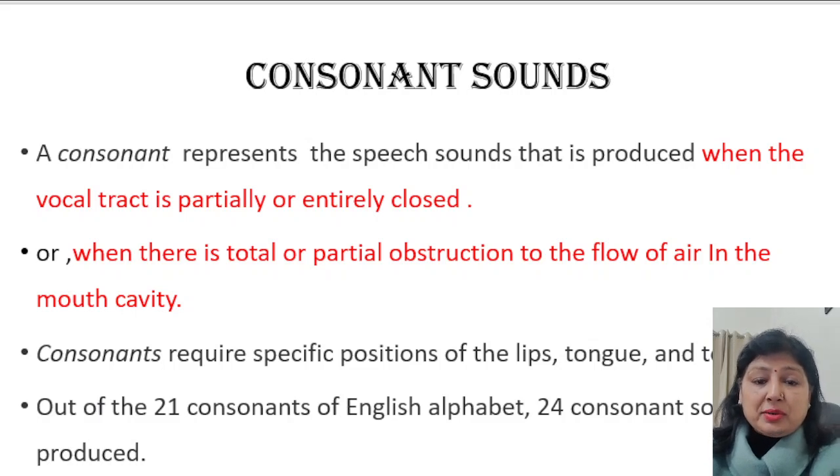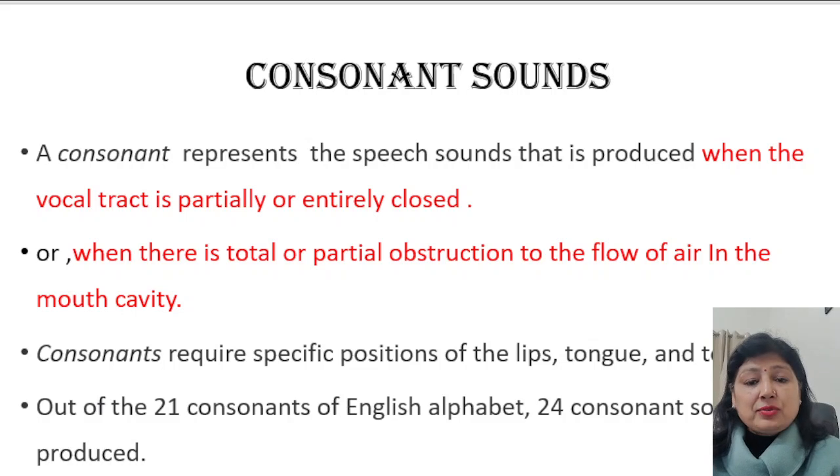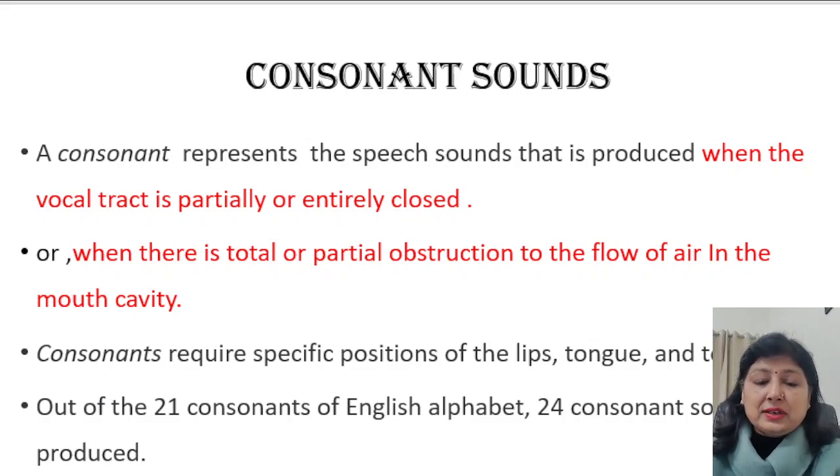This closure can be made by the lips or teeth, or the tongue when the tongue touches the alveolar ridge or the palate. So these consonant sounds are 24 in number, made out of the 21 consonant letters of the English alphabet.